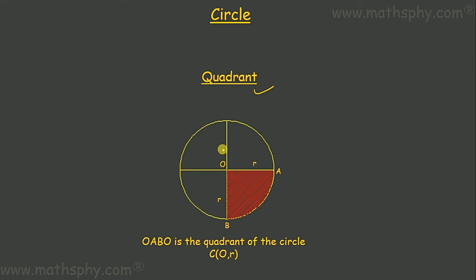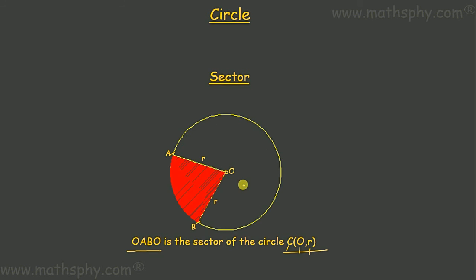Quadrant. If we cut a circle into 4 equal parts, this part here, this part here, and this part here, all these parts individually are called quadrants. So this is one of the quadrants here. We have just seen the sector.